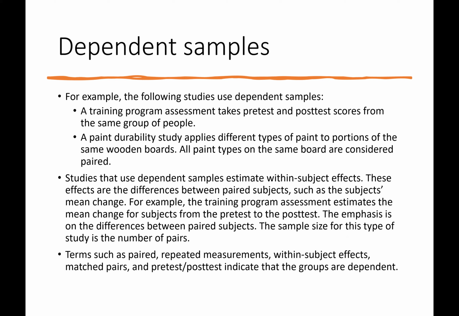The emphasis is on the difference between paired subjects. The sample size for this type of study is the number of pairs. Terms such as paired, repeated measurements, within subject effects, matched pairs, and pre-test, post-test indicate that the groups are dependent.